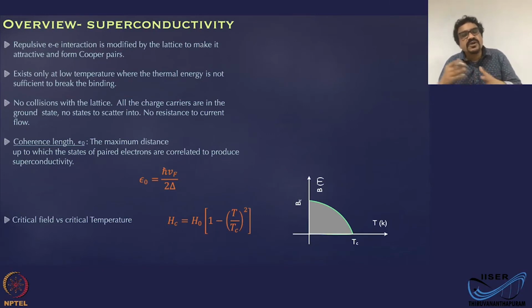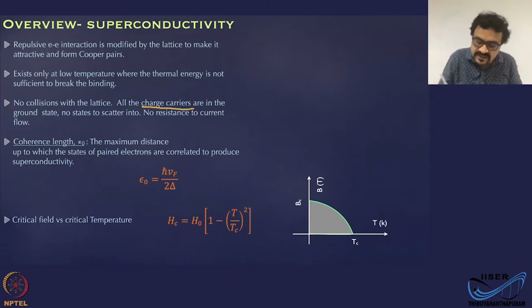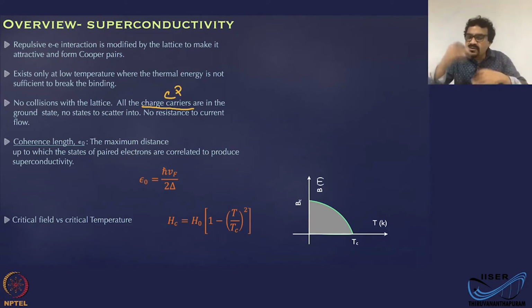So there is no collision with the lattice there. And secondly, all these charge carriers, which are Cooper pairs, are in the same state, one state, and there are no states nearby.